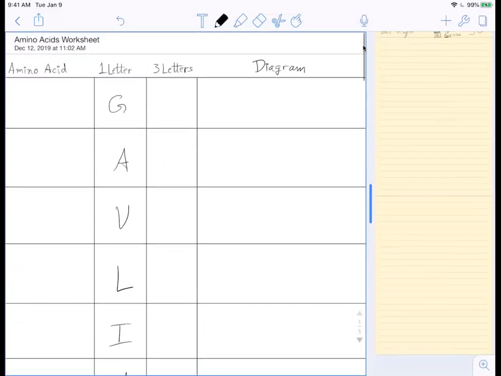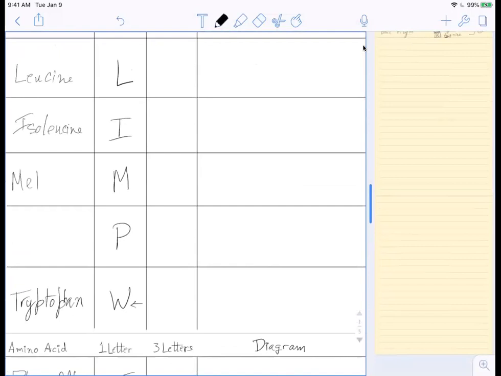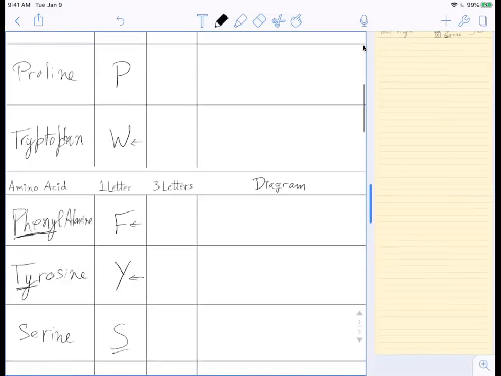And these should be easy, hopefully, with enough exposure. Glycine, alanine, valine, leucine, isoleucine. Not that I'm spelling these correctly, so maybe I shouldn't care so much. Methionine and proline. Okay, we got pretty far.